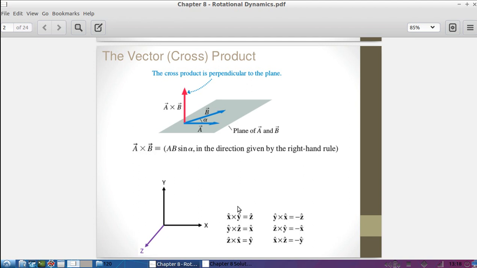Sine of 0 is 0, so the cross product would result in a 0 vector. There actually wouldn't be a vector perpendicular to them.